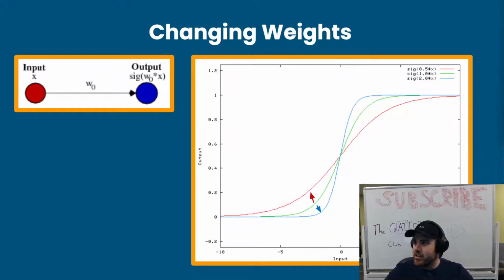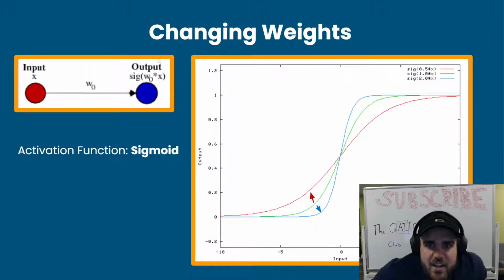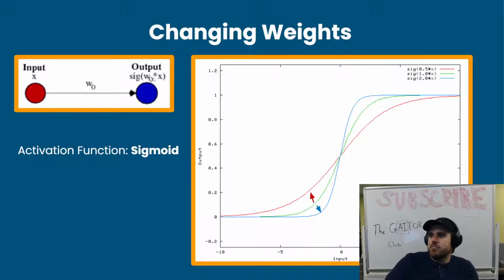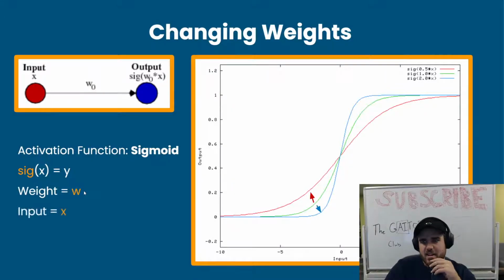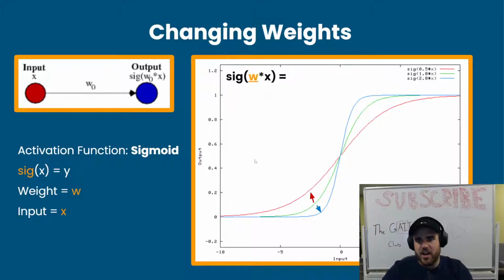Essentially, when we change the weight of a function, say we have a sigmoid function, we're changing the input that goes into that function. We're not changing the function itself, so that function does not really change. This is our sigmoid activation function where we define sigmoid as f, right? And so we have the weight w, the input x, and so on. If we define our input as sigmoid of weight w times our x inside of there, you can see it scales this function up and down.